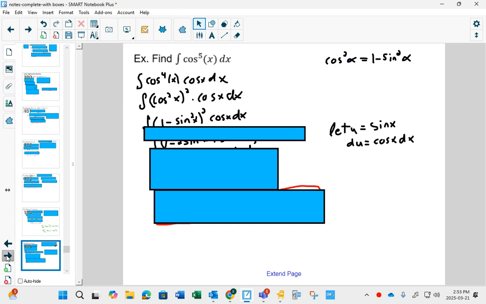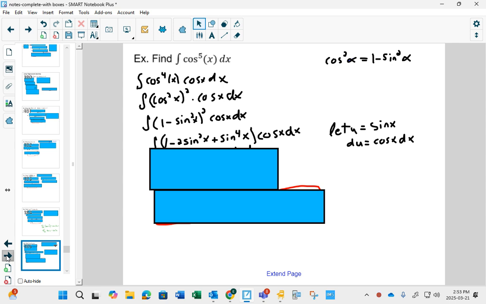I'm going to let u equal sine x. Because then this sine x is inside a bunch of stuff. And the cos x dx, that simplifies nicely away. And the other thing I'm going to do, because if I just substitute it in here, you see how you get 1 minus u squared, all squared?